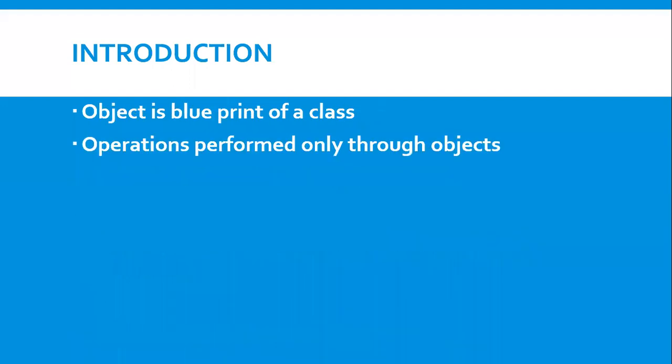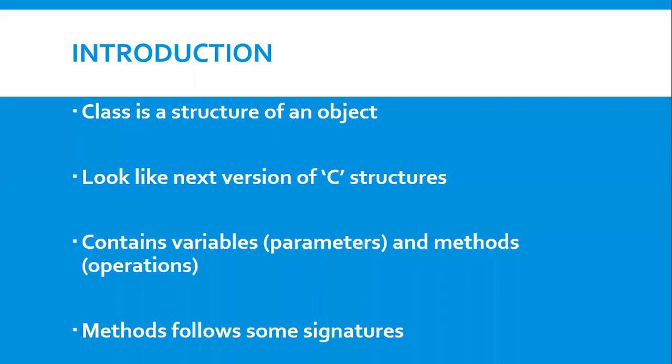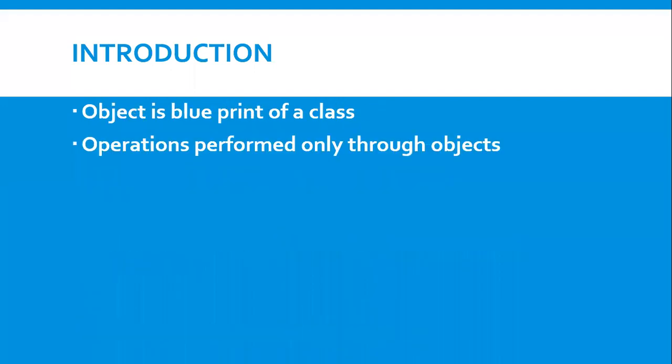Now let us see what an object is. Here we have seen what a class is. Now we are going to see what an object is, and what is the difference between an object and a class. Every object in the OOPS concept will be considered an instance of a class. So when you want to create an object, the class must exist for it.